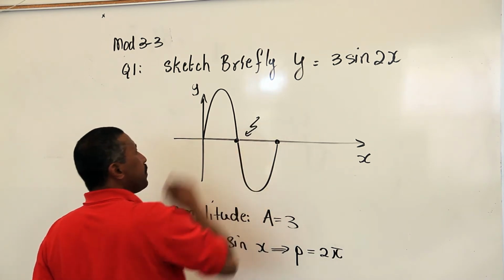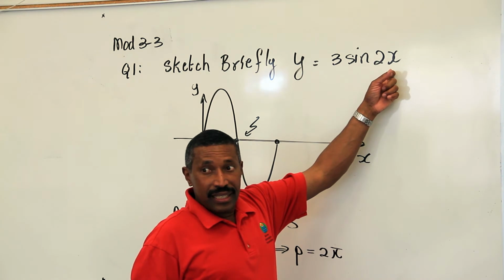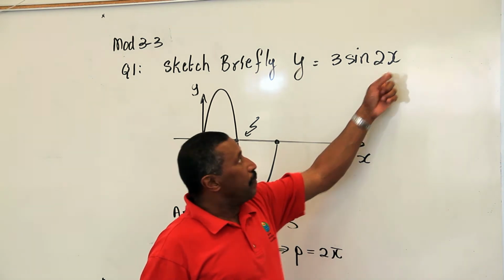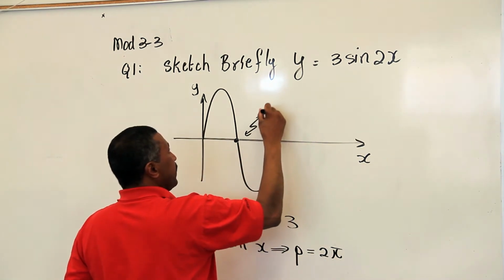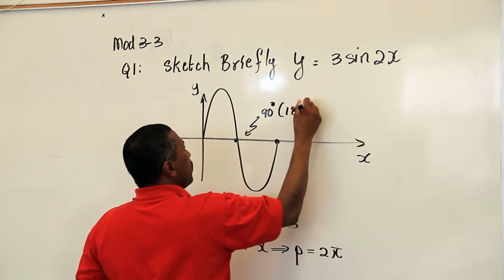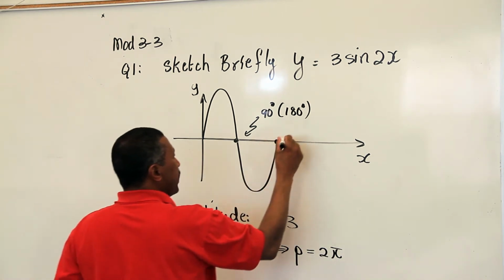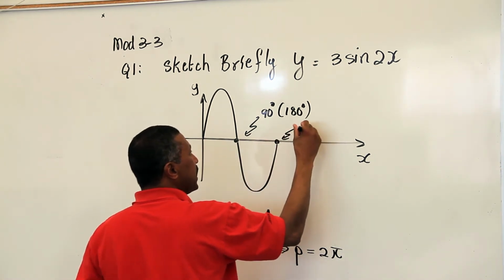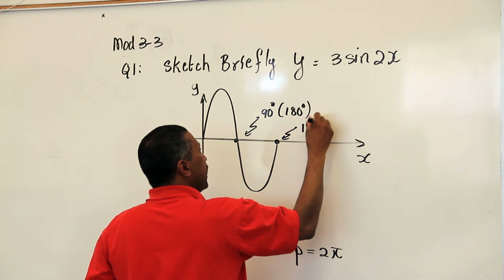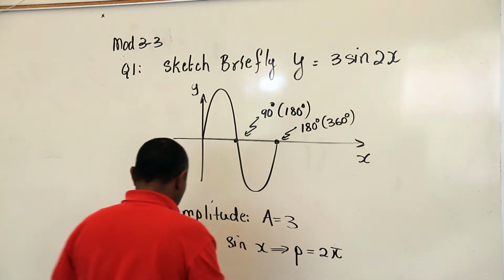Well, think about it. When x is 90 degrees, that translates to what we would call 180, completing its first turn. And then over here, this officially would be 180, but the old 360.